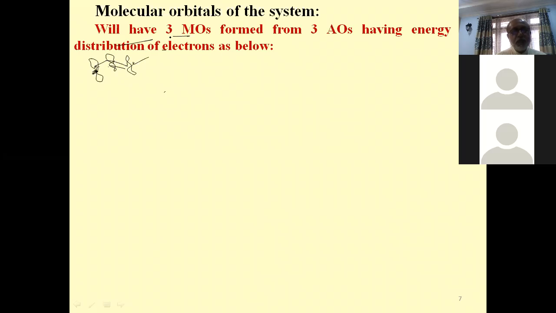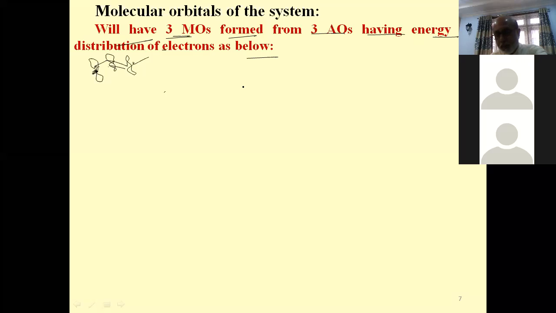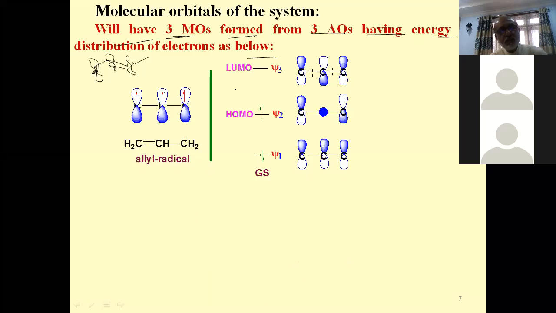Once we have 3 atomic orbitals, we'll get 3 molecular orbitals, with the energy distribution of electrons as below. This is what we have also done with allyl anion, but here we are doing allyl radical. These two electrons come from the pi bond, and this one is from the radical.